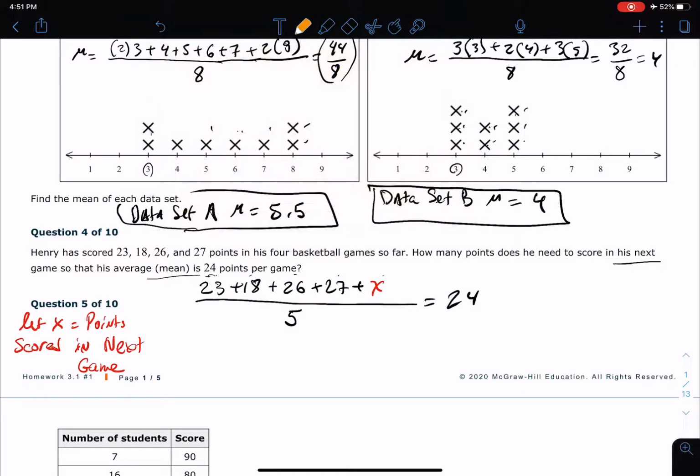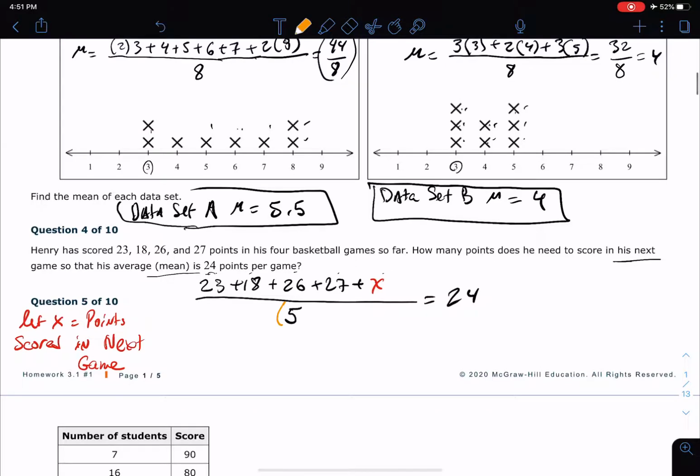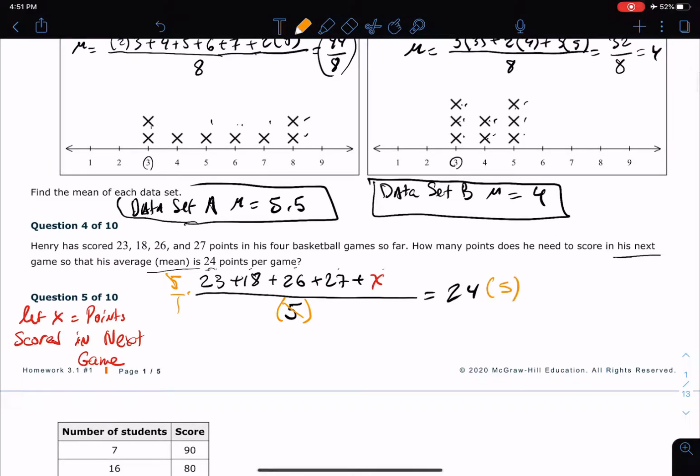We want to basically turn that into a 1, and this is division by 5. So if we multiply by 5, the 5s will reduce down. If I multiply the left by 5, I must also multiply the right by 5.